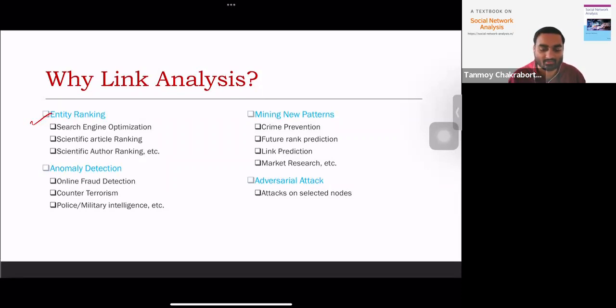Say, for example, your paper is strongly motivated by another paper, so that citation means a lot. The weight of that citation means a lot. Whereas other citations may appear in the background section or in the introduction section, so those citations are not that important. So if you analyze the importance of links in a citation network, rank them, and weight them appropriately, that will also help you retrieve papers during the search process.